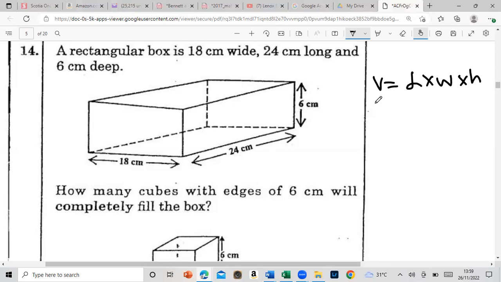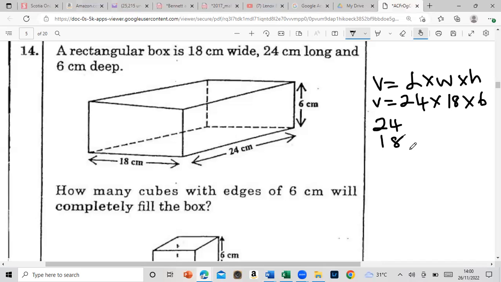So we have 24. I think I'm going to show all the steps for the volume of this one specifically. 18 times 6. I'm going to multiply 24 times 18 first, that's much easier. And then I'll just finish it.